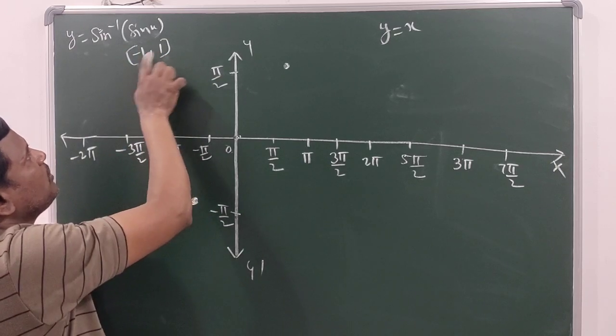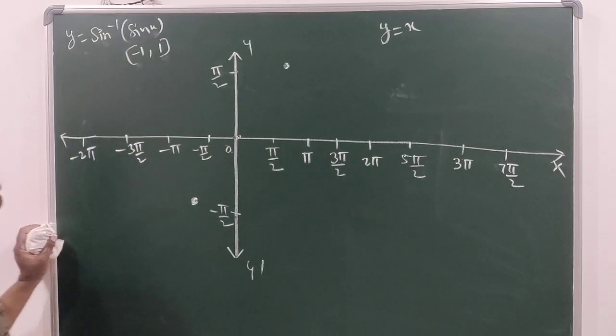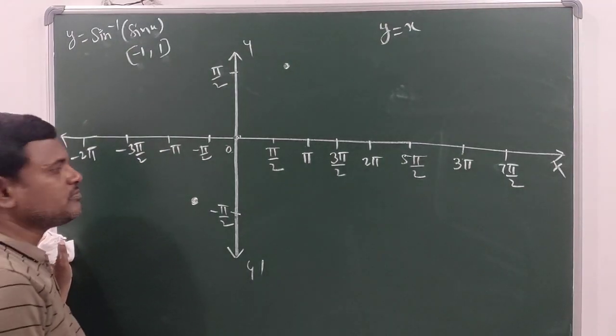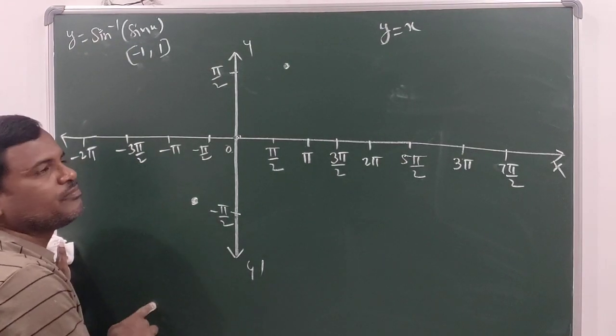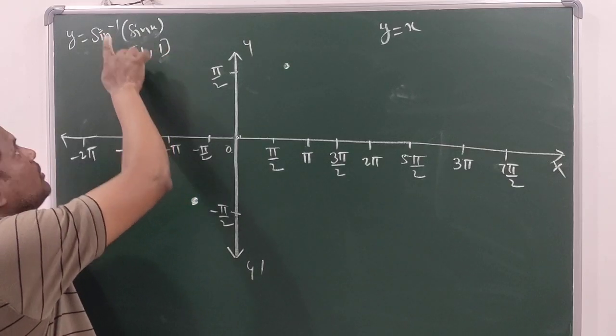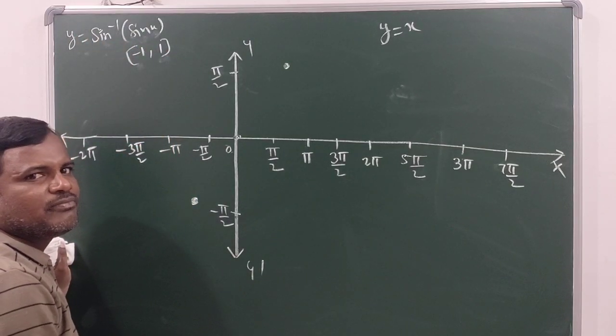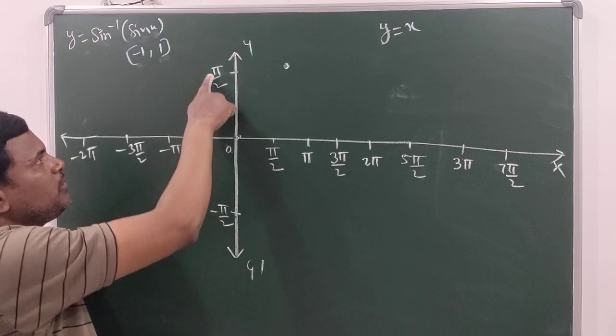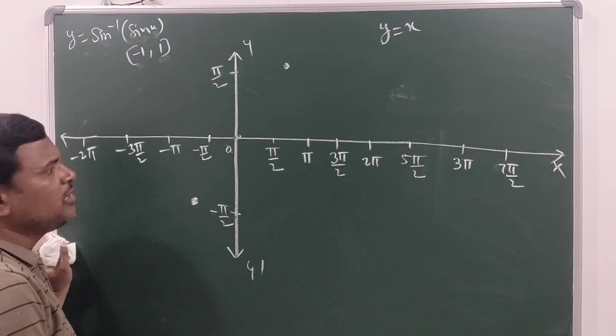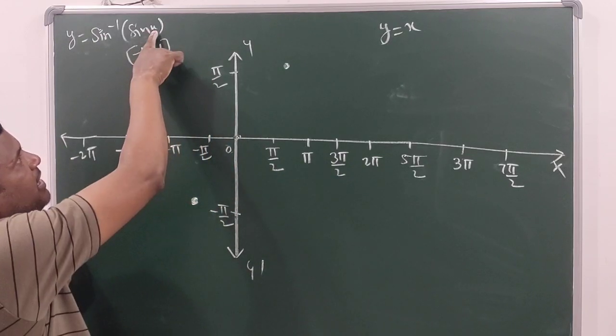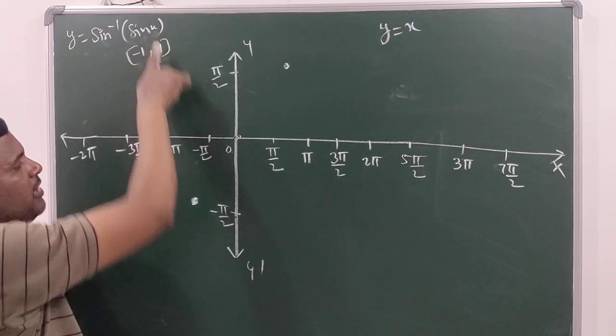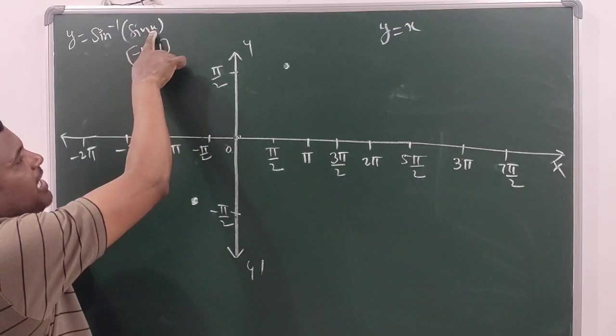So if you write minus 1 to 1 here, your respective range will be minus 90 to 90. Am I right? I am giving x equal to minus 90.